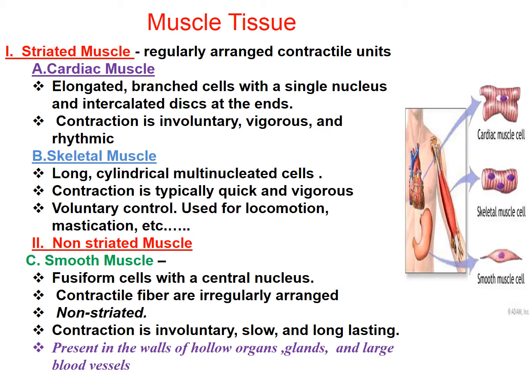We will divide these types of muscle into striated muscle and non-striated muscle. Striated means dark areas alternate with white areas, and this returns back to regularly arranged contractile units.